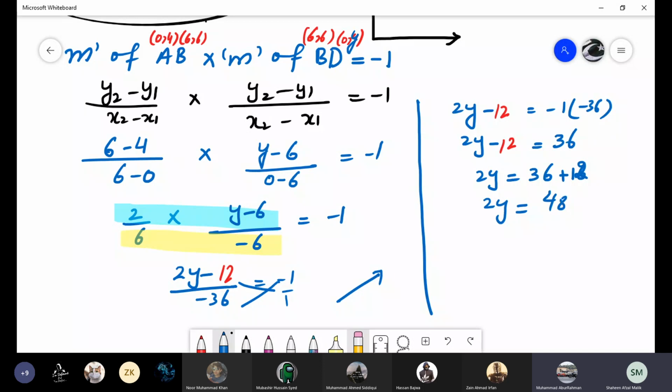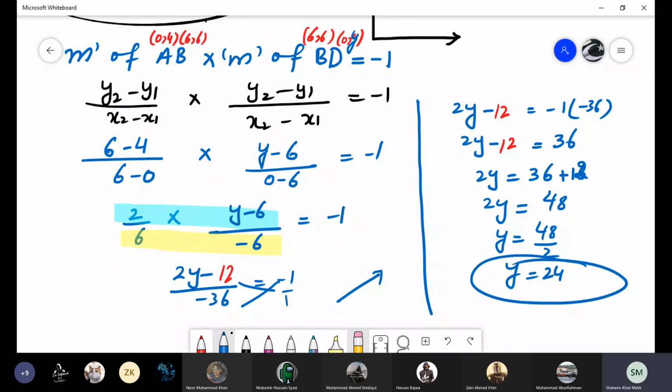So y will be 48 over 2, which is 24. So y is equal to 24. Very good. So what will be the coordinates of D? 0 and 24. That is the answer for your second part.